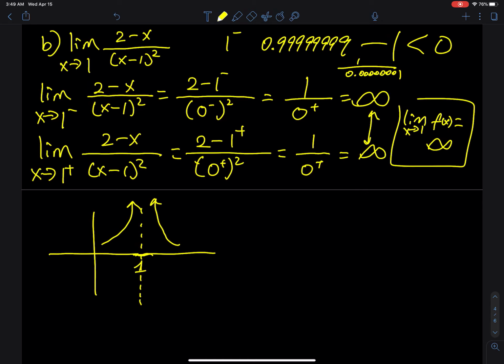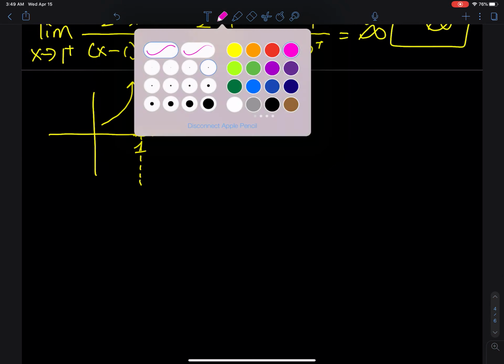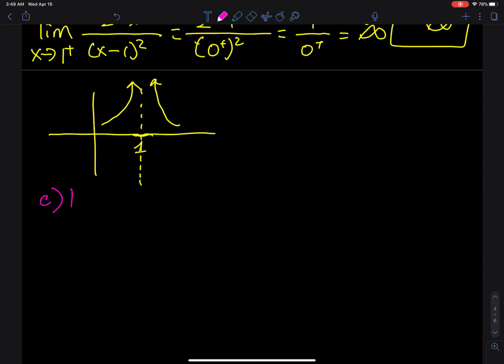And then in part C, you have the limit as x approaches 3 from the right of ln(x squared minus 9). Okay, there is nothing you can simplify. Why don't you just plug in?